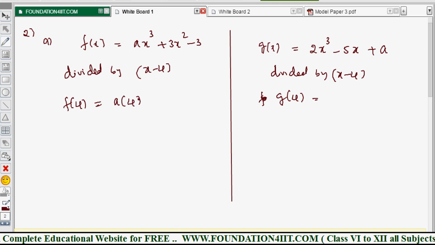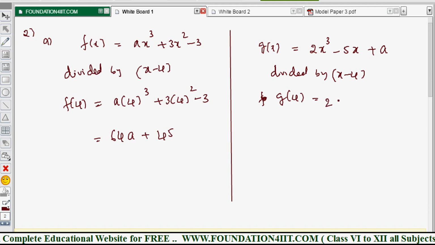So a into 4 cube plus 3 into 4 square minus 3. That is 4 4s are 16, 16 4s are 64a, plus 4 square into 3, so 48, minus 3 is 45. So this is f of 4.